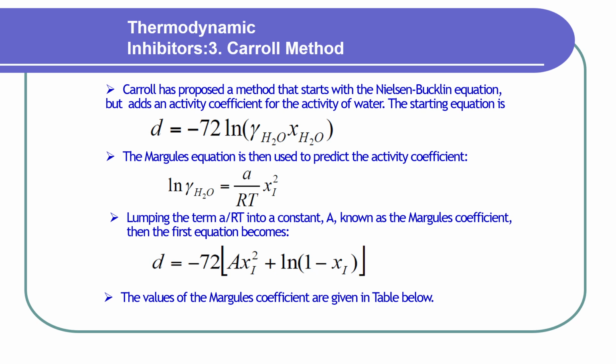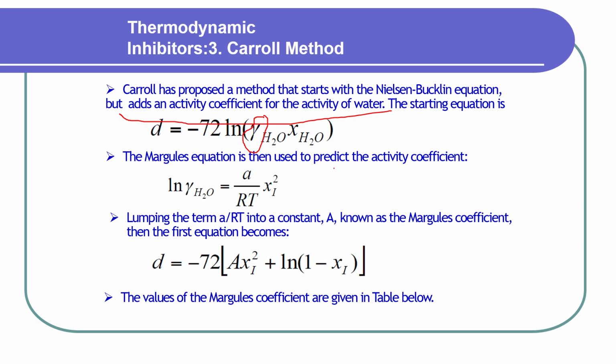The third method also used to calculate the thermodynamic inhibitor concentration is what we call the Carroll method, which proposes a method based on the activity coefficient, gamma, which is again a representation for the concentration. If you still remember from the reaction point of view, the activity coefficient represents the actual concentration of the water.